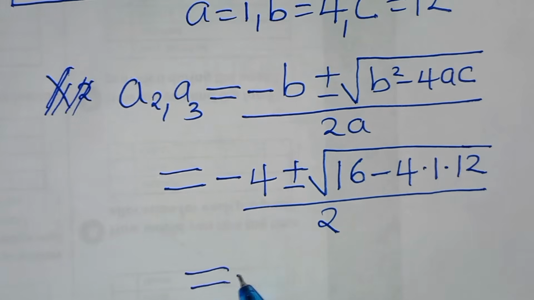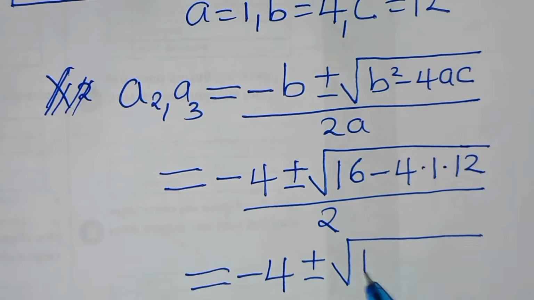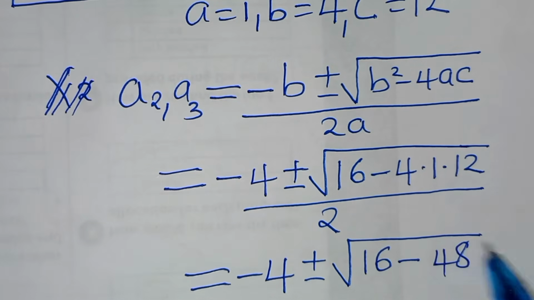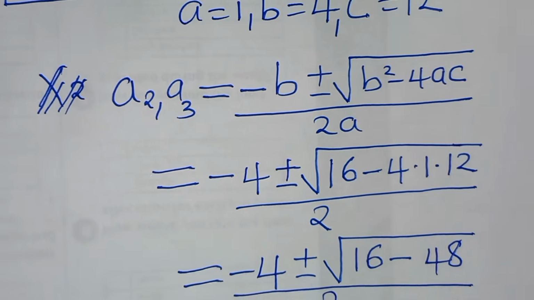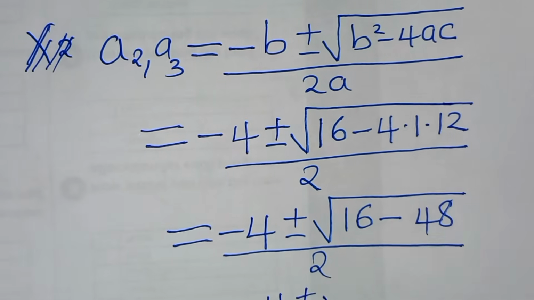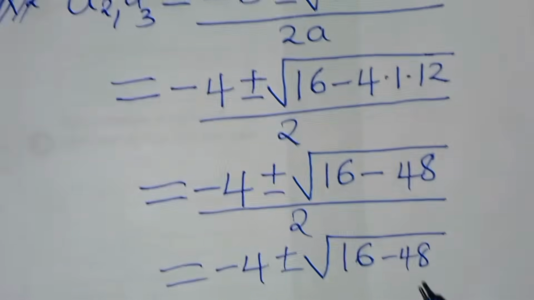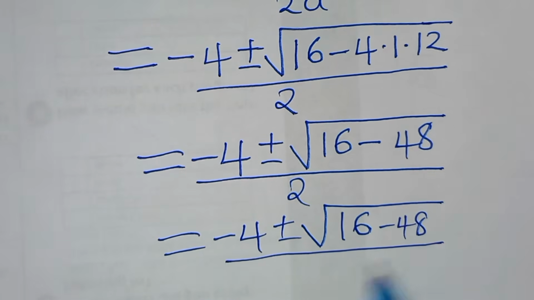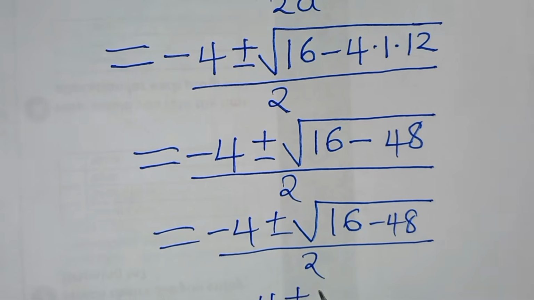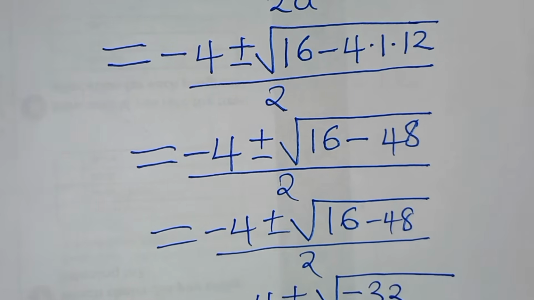So we have minus 4 plus or minus the square root of 16 minus 48, all divided by 2. 16 minus 48 is the same thing as negative 32. So we have minus 4 plus or minus the square root of minus 32, over 2.